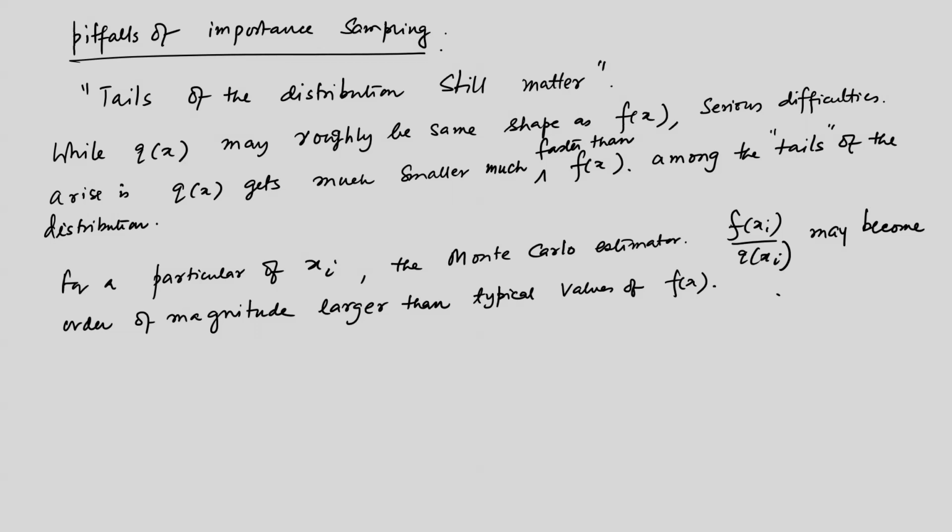So, basically what I mean to say is that it is very highly improbable, but in the tails of the distribution this ratio can become much larger than the typical values, and then it would start contributing dominantly, which is what is not wanted. But these are very improbable situations.